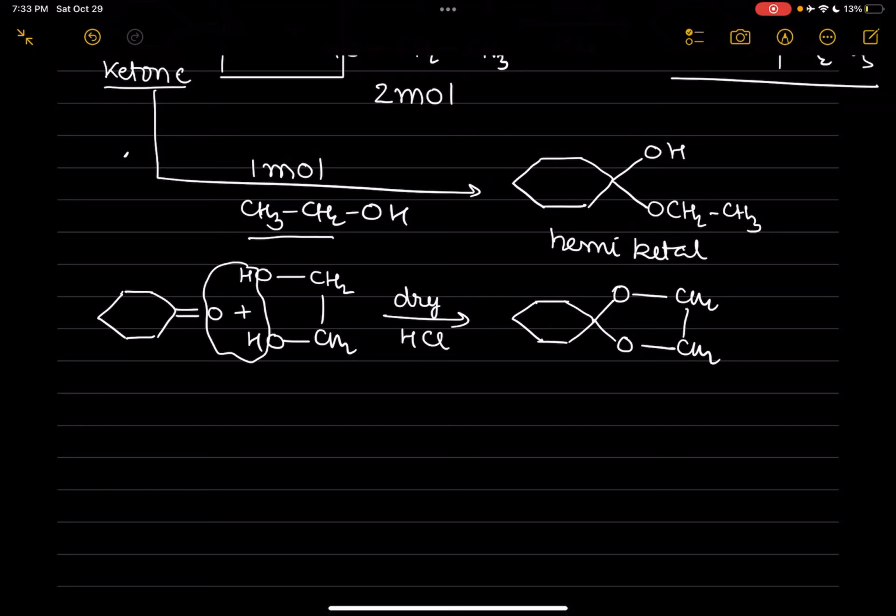Acetal and ketal are those cyclic ethers, so they will not react. Clear?